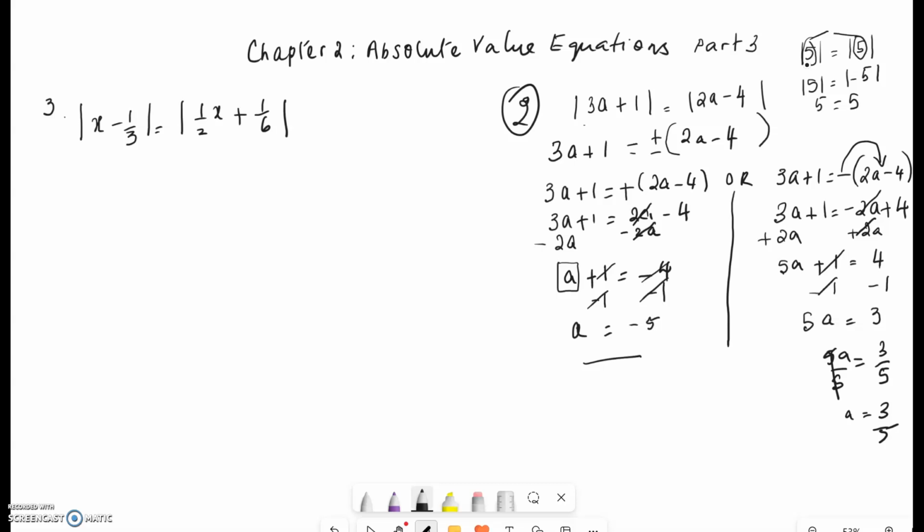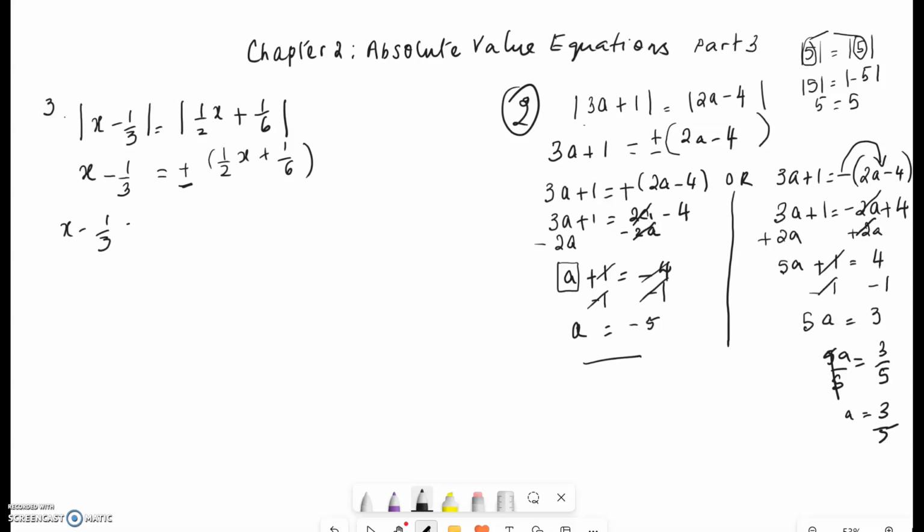Now do the exact same thing as before. The absolute value of two expressions is equal, which means one expression is either the same as the other expression, which means it's equal to plus half x plus 1/6, or it could be the negative of that expression. So let's look at the two equations.